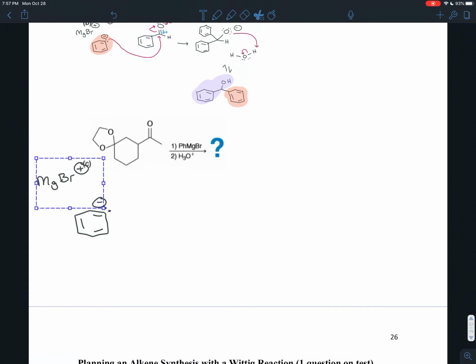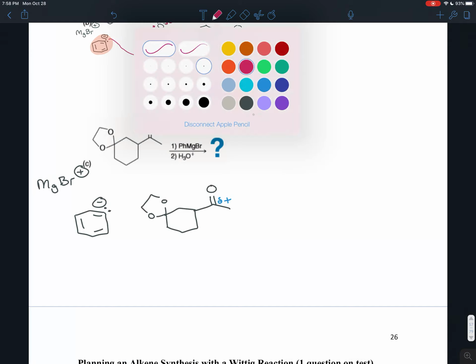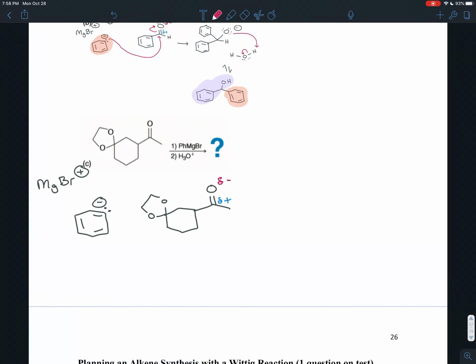So this is sort of floating around, hovering around. And that can act as a nucleophile to attack our electrophilic carbonyl carbon. So in that carbonyl, the carbon has a slight positive charge because it's losing its electron density to the oxygen, which has a slight negative charge.